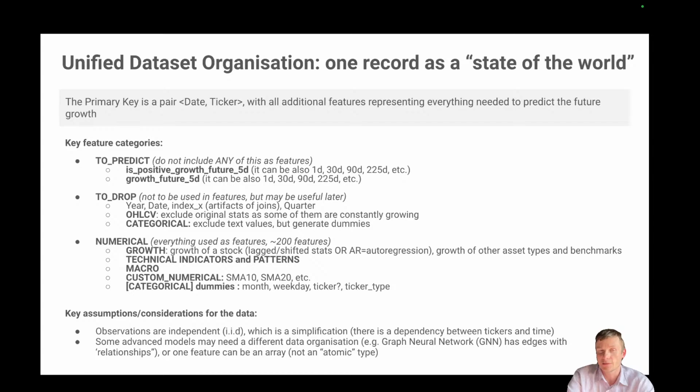Can I include just one array of 30 latest growth rates as one feature and create some model that will unpack this array or do some estimation with it? It's called nested features. There are models and approaches, we just do not cover it here.